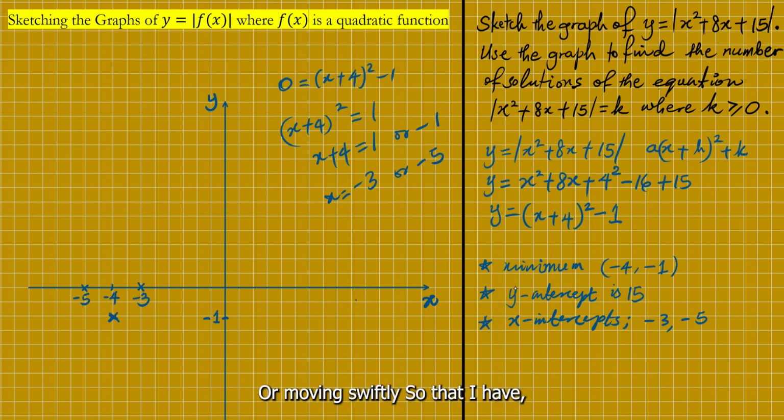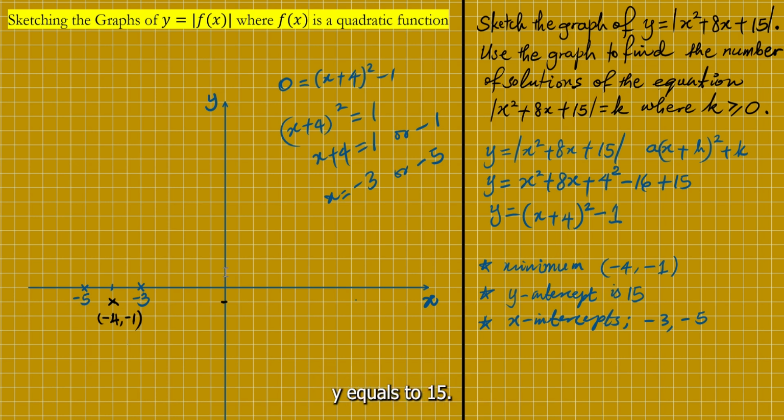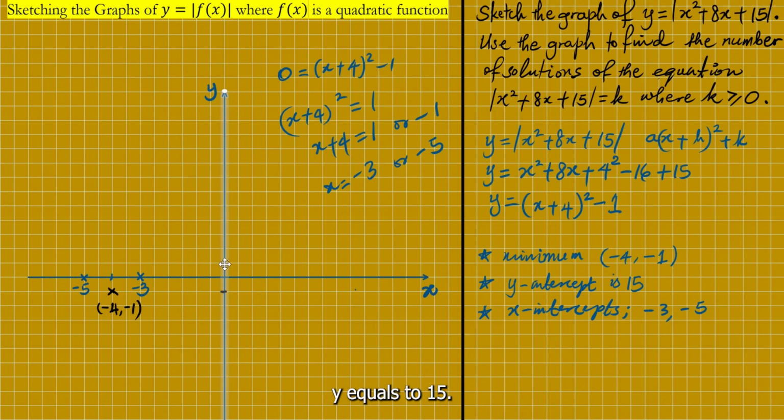All moving swiftly so that I have negative 1 to be here. And that will be our minimum right there. Negative 4, negative 1. X always comes first. And then it shouldn't be too difficult now to sort out y equals 15. So I just need 15 boxes.